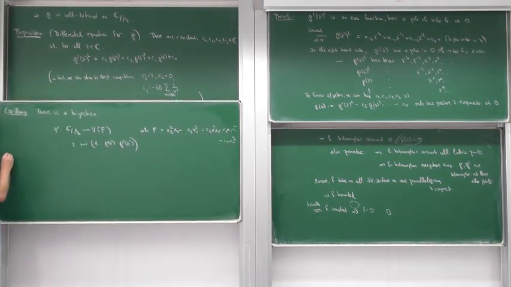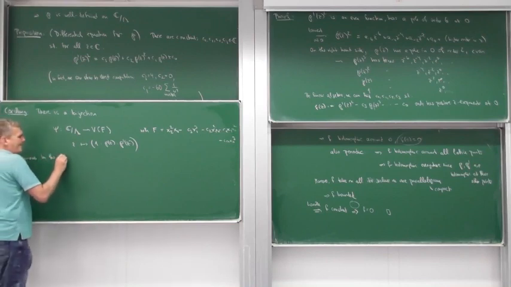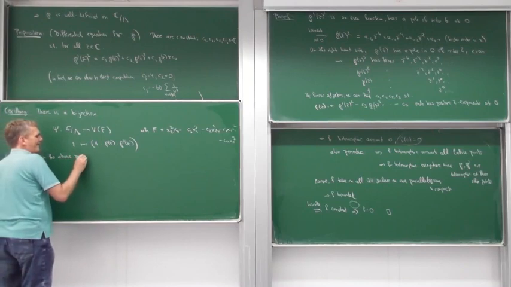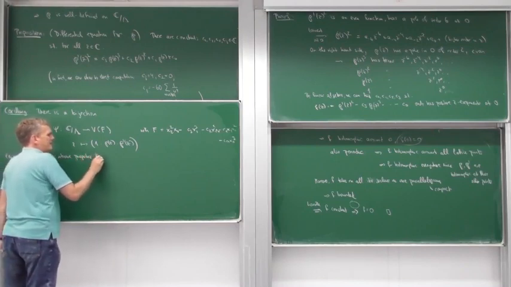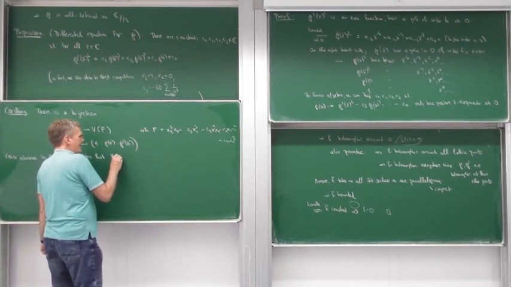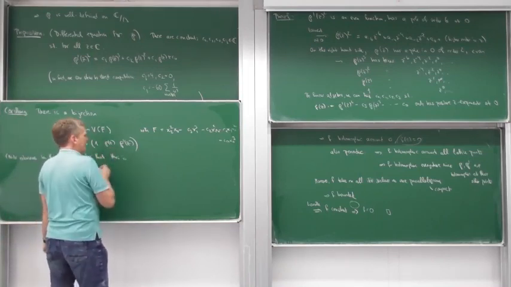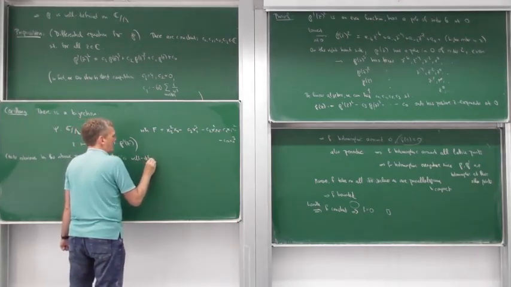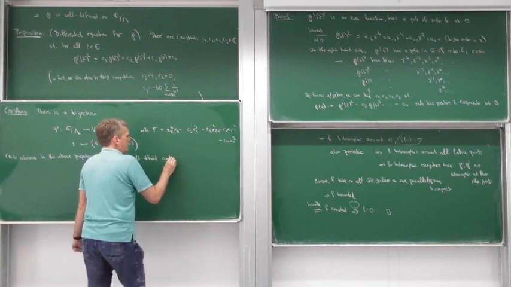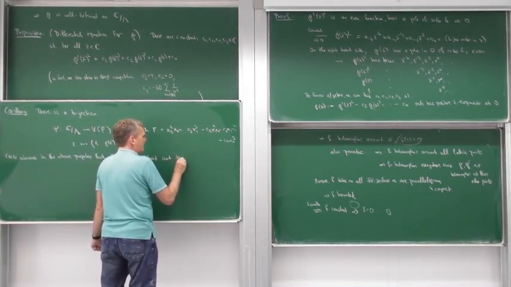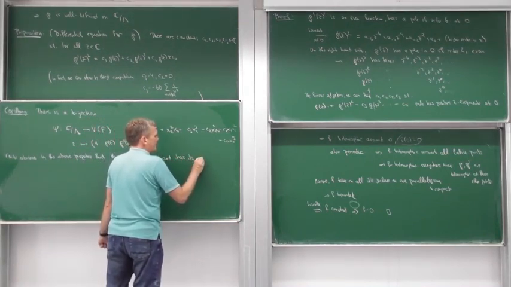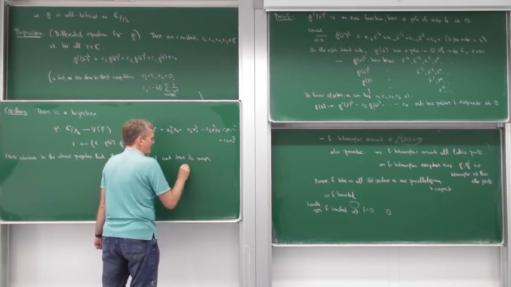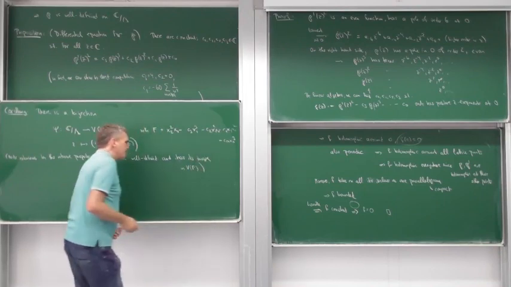A note: it's obvious by the above properties that this is well defined. So p and p prime are well defined on C mod lambda, and the image lies in V of f. That is just the differential equation.